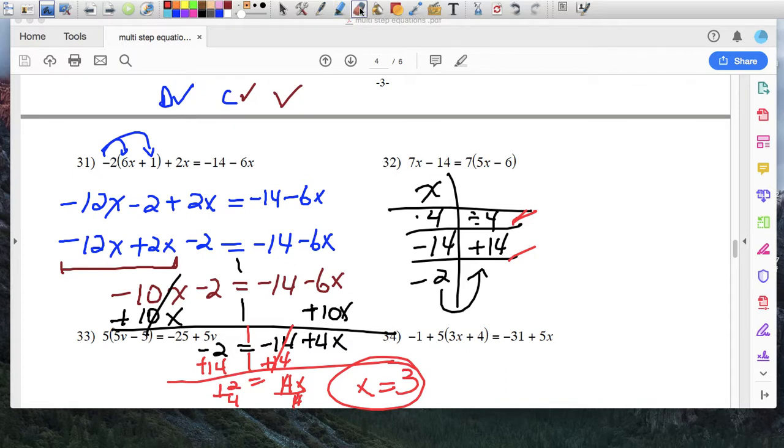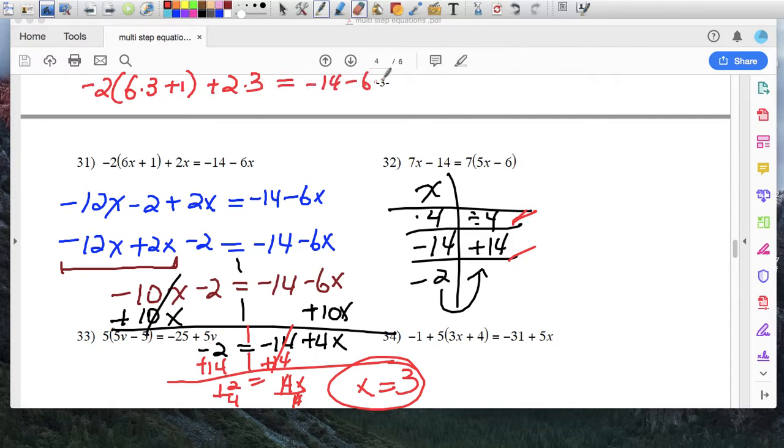Now comes your favorite part, which is a check. So I get negative 2 times 6 times 3 plus 1, plus 2 times 3, right? I'm replacing the x with 3, equals negative 14 minus 6 times 3. Negative 2, 6 times 3 is, they're both positive, so not much worry. 6 times 3 is 18 plus 1, that becomes 19.